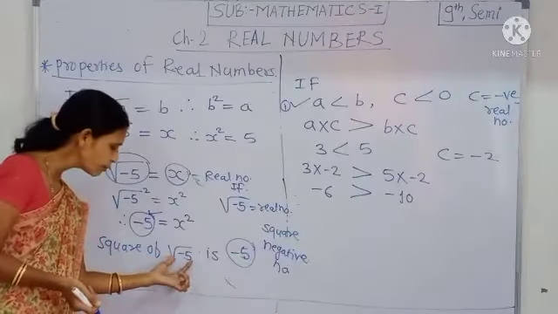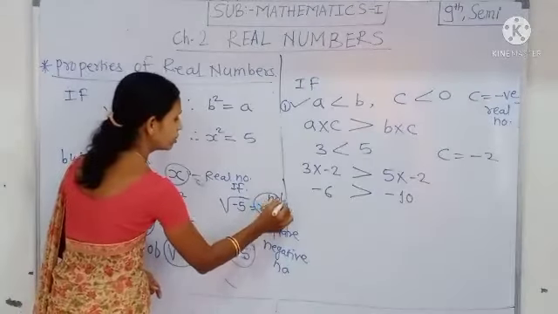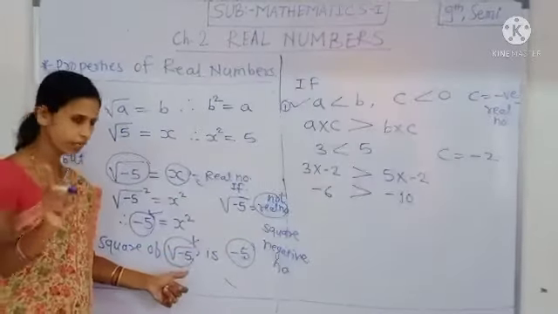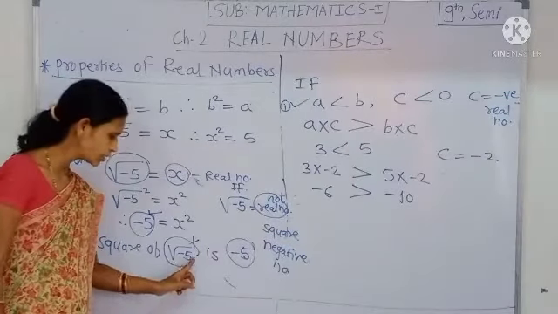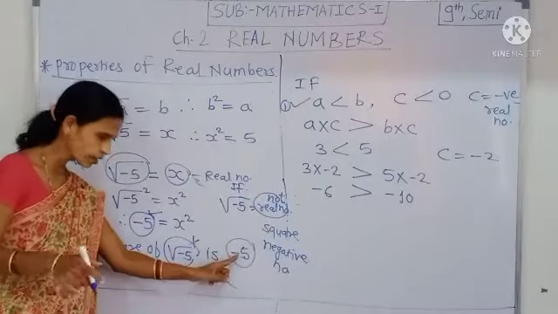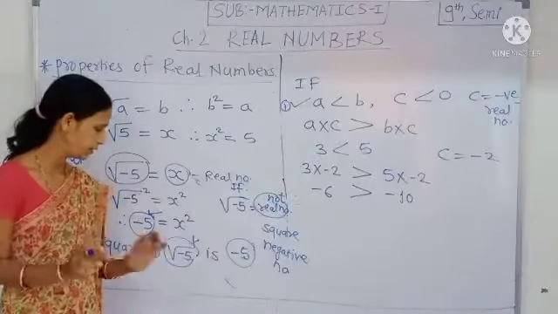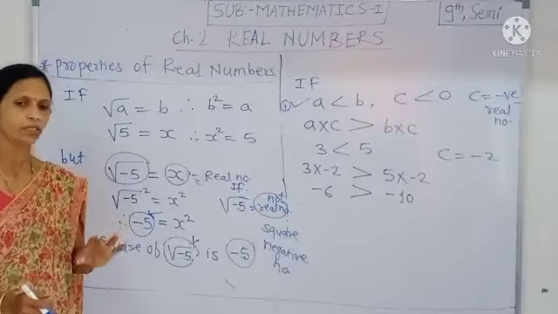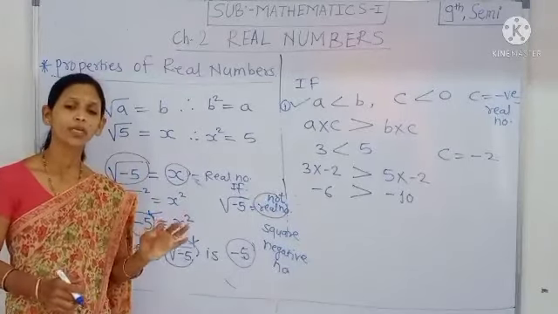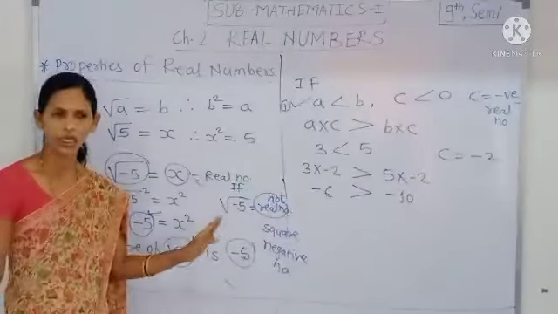Therefore root minus 5 is not a real number, because the square of a real number is never negative. As the square of this number is negative, this number is never a real number. That means I am focusing here on that property again: the square of any real number is always positive, it is never negative. If it is negative, then that number is not a real number.